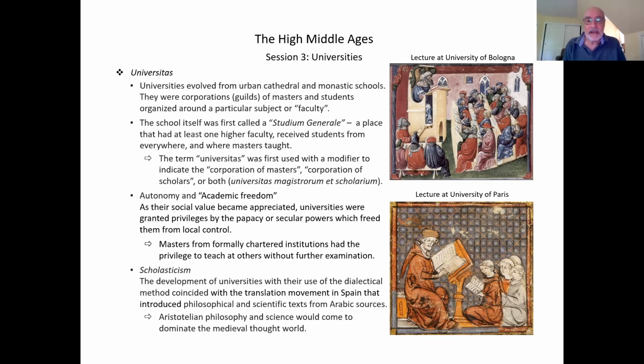The development of universities came with their use of the dialectical method, which was the common way any subject was taught, particularly law and philosophy for that matter. Somebody asserted a proposition, and then people argued for and against the proposition. And then there were arguments for and against the particular arguments that were first made.